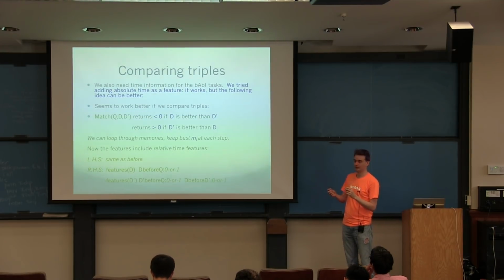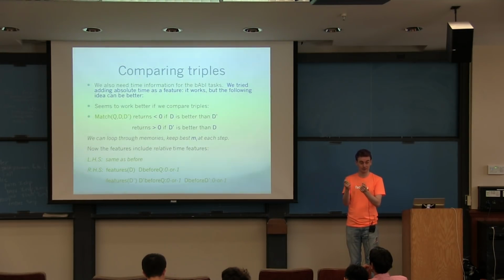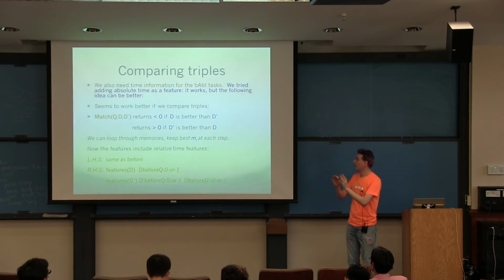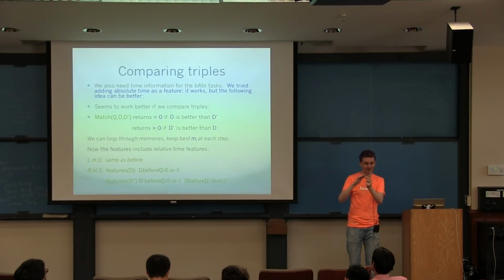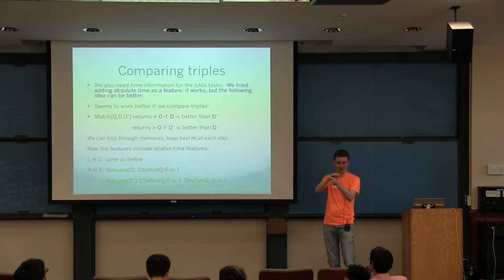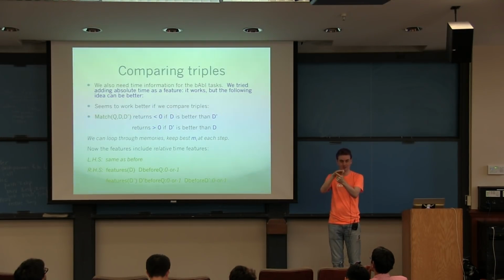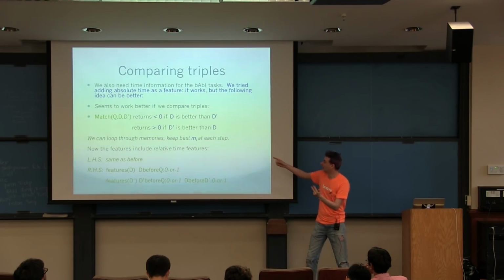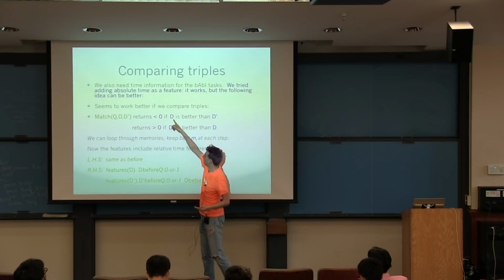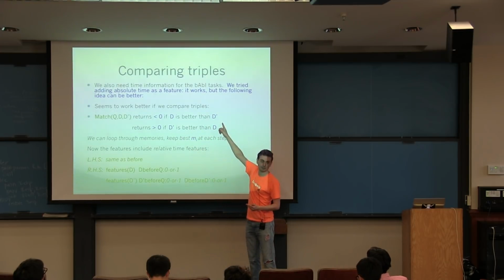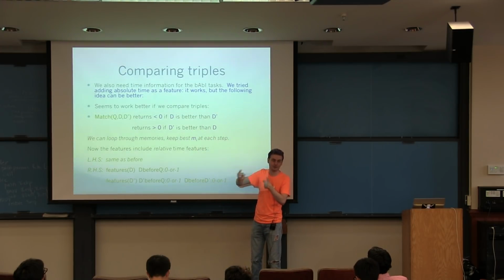If you want to encode relative time instead of absolute time, you could compare triples of things instead of pairs of things. So instead of taking the question and one memory, you take the question and two possible memories. Then you can represent the relative time between the two memories, with a feature that says memory D happens before memory D prime, or after it, or the other way around.